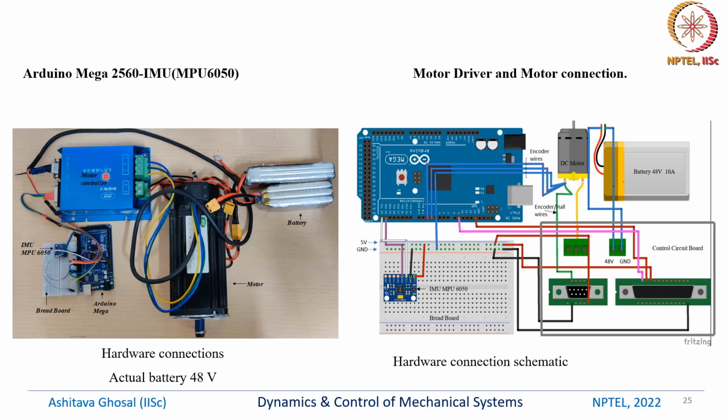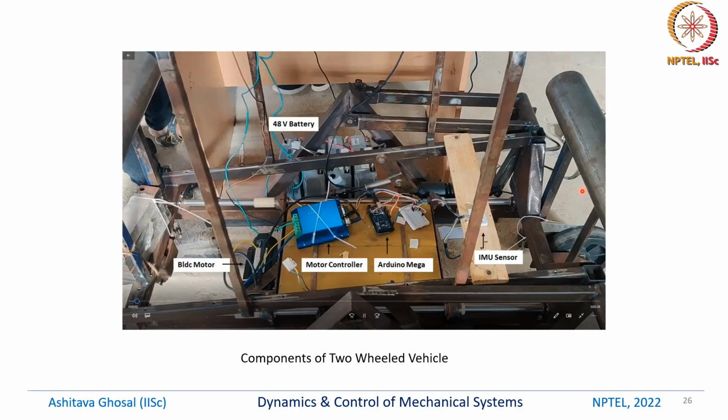So we have all these boxes which we can connect according to some layout. Basically we have this Arduino, then we have some breadboard which contains this IMU to sense the rotation of the platform, and then there are these connections to the battery and to the DC motor. So here is the hardware setup.